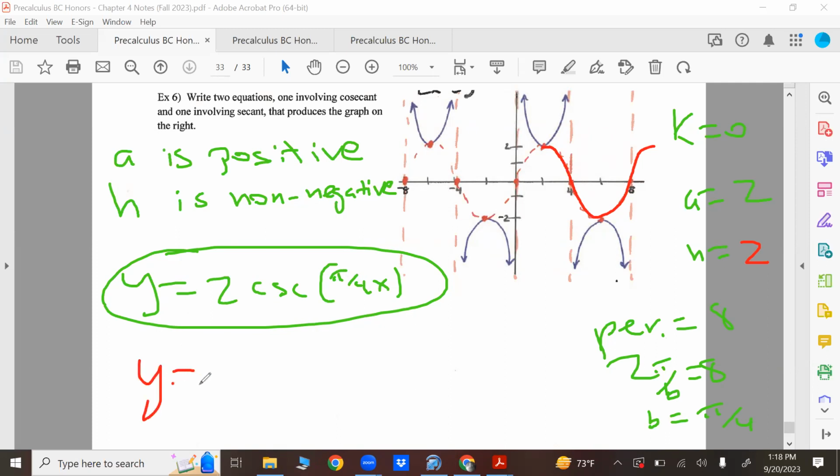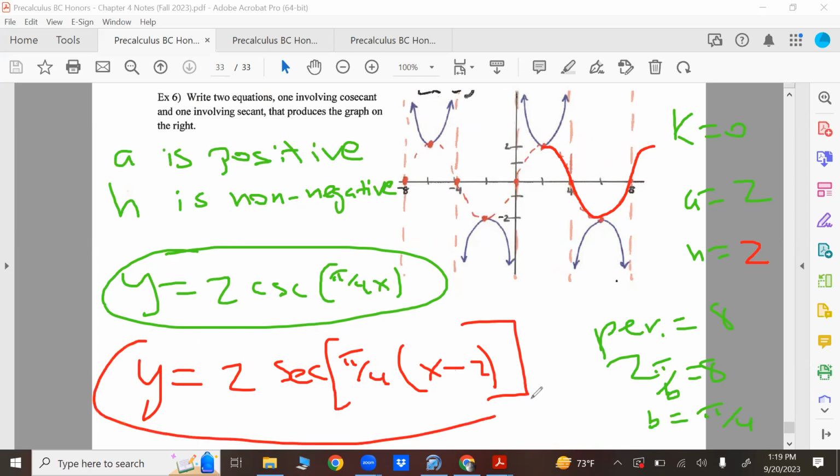So y will equal 2 secant bracket pi over 4 x minus 2. It is positive. I know, counterintuitive. Totally. All right, so we're all done.